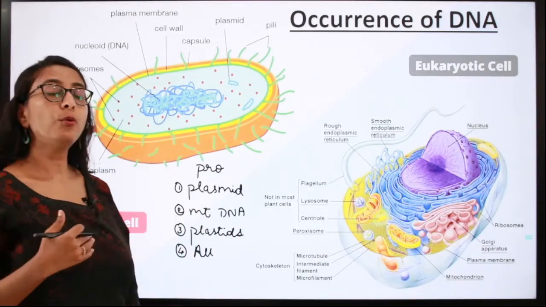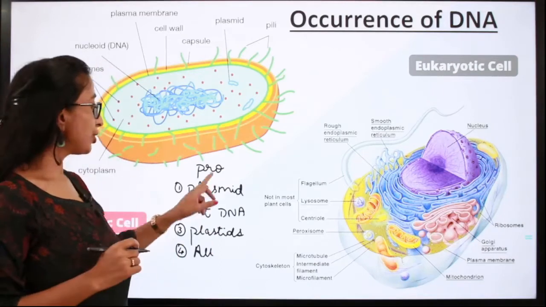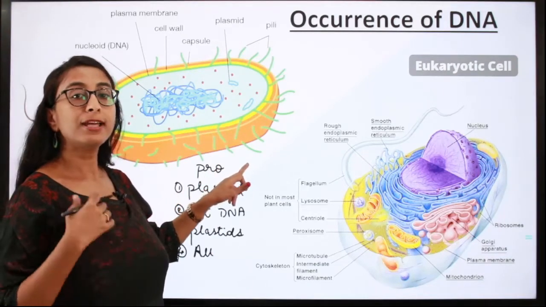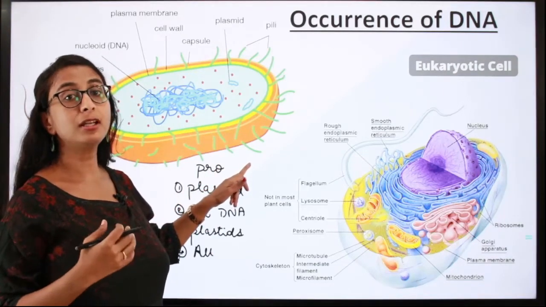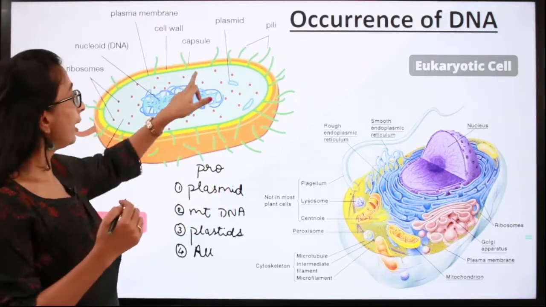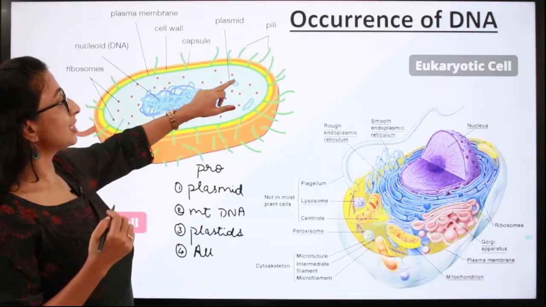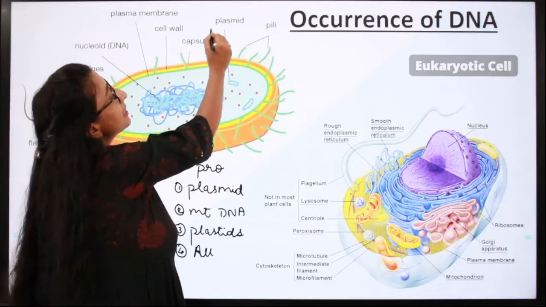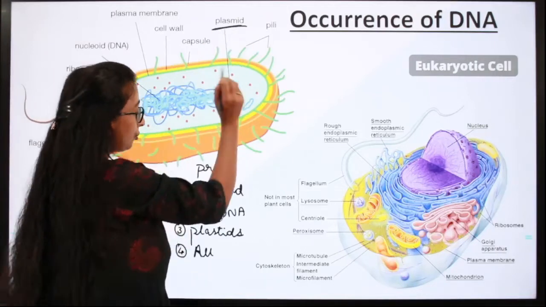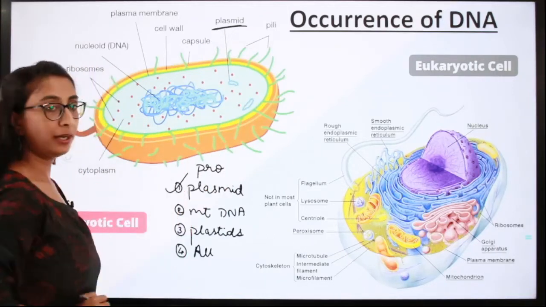So now what will be the right answer? The question asks, what is the extra DNA that is present in a prokaryotic cell? So the extra DNA apart from this that is present in a prokaryotic cell is the plasmid DNA. So the right answer will be plasmid.